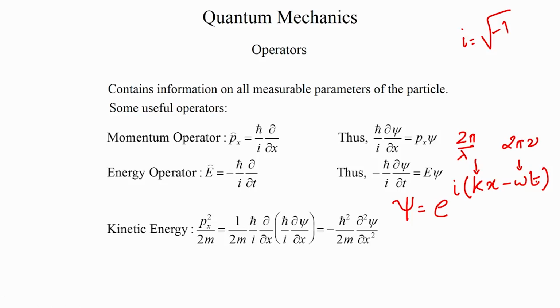Now let us use the momentum operator on this. What is the momentum operator? The momentum operator is h bar by i dou psi by dou x. Since it is all in one dimension, you can just write it as d psi by dx, but nevertheless.